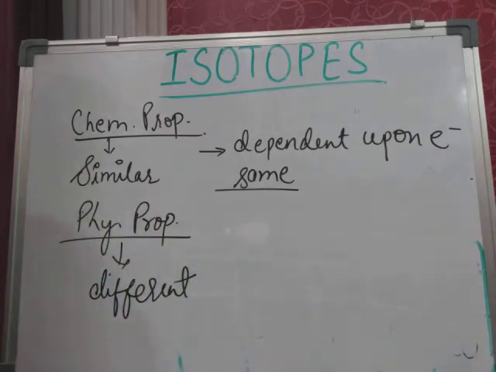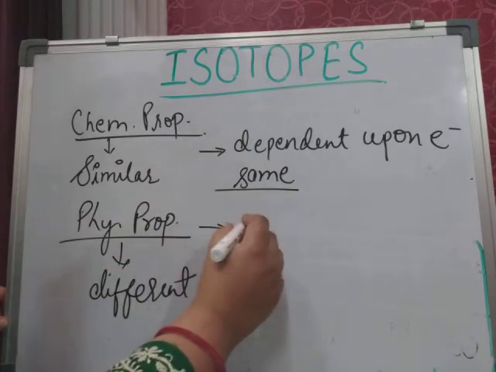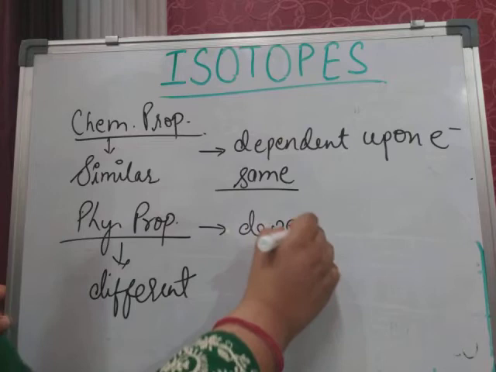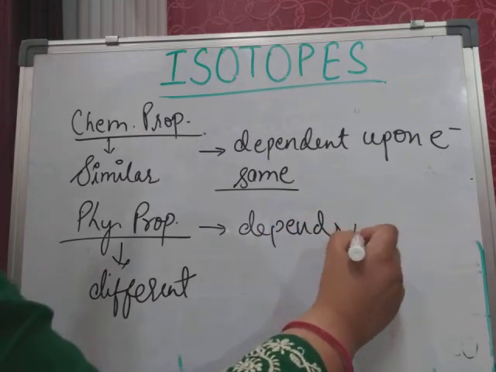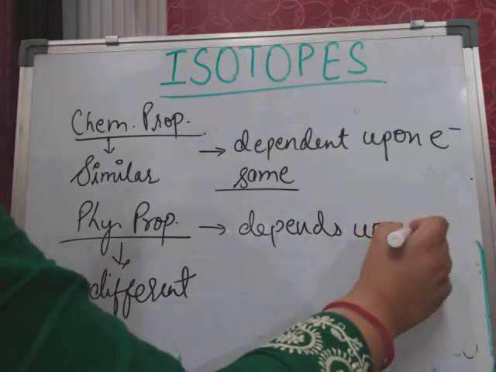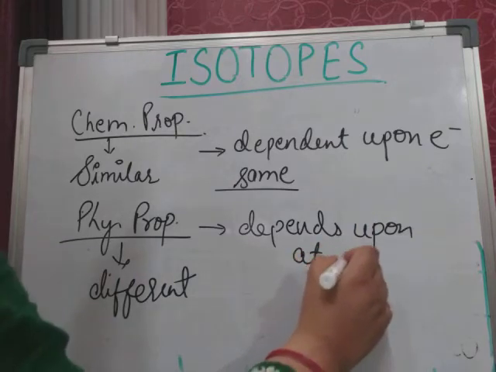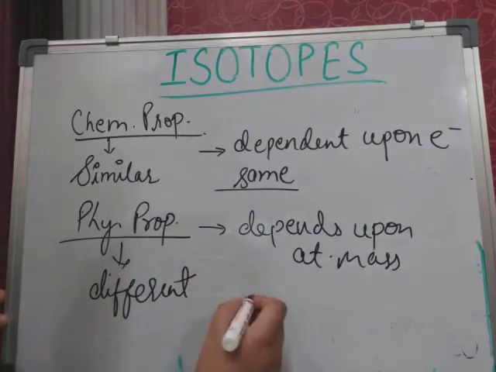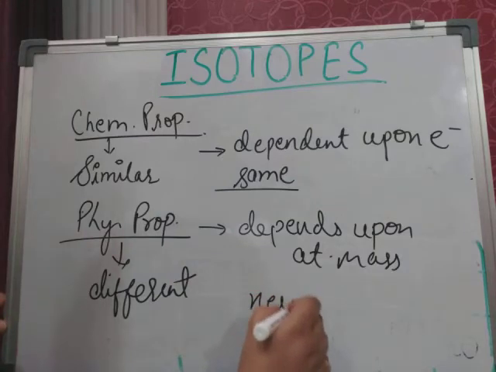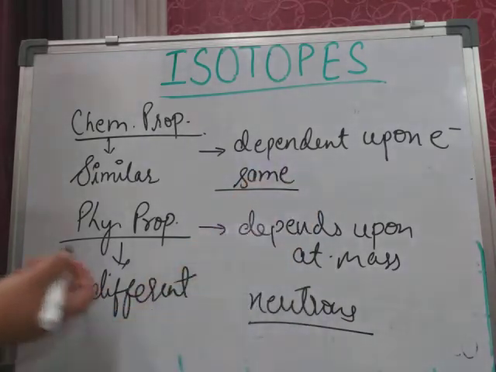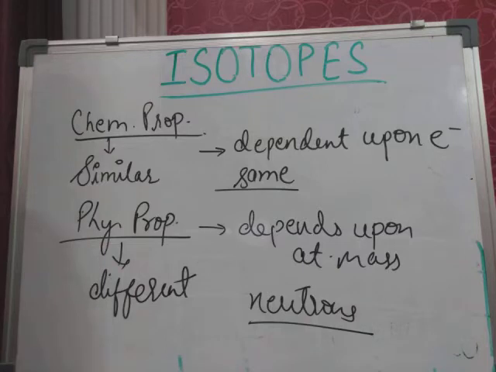Physical constants are dependent upon the atomic mass, and the atomic masses of the two isotopes are different because of the difference in the number of neutrons. Since their numbers of neutrons are different, their atomic masses are different, and that's why their physical properties will be different from each other.